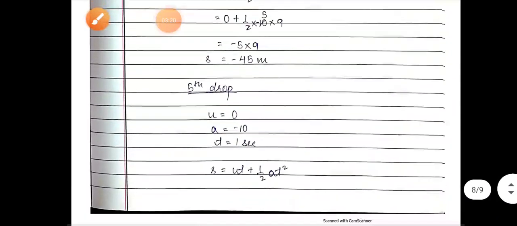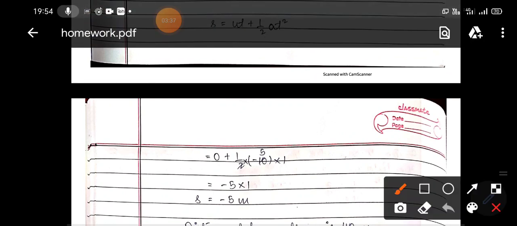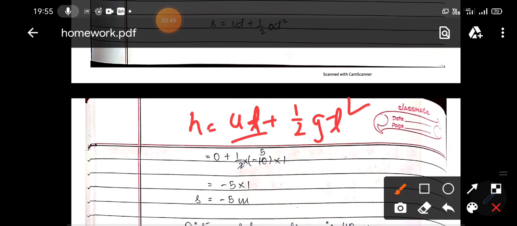Similarly, for the fifth drop, again its initial velocity is 0, its acceleration is 10, but according to the sign convention it is minus 10, and t is 1 second. If we put the values, h is equal to ut plus half gt square. u is 0, so the whole ut term is 0, plus half, the value of g is minus 10 and t is 1.